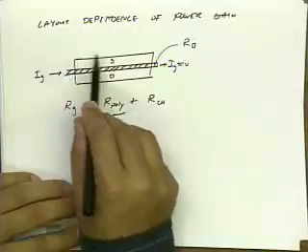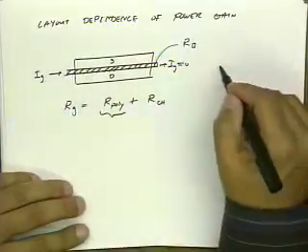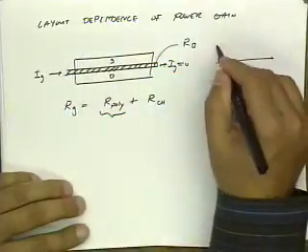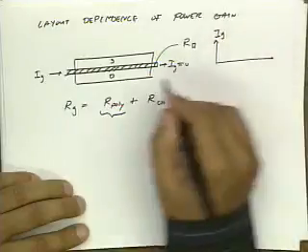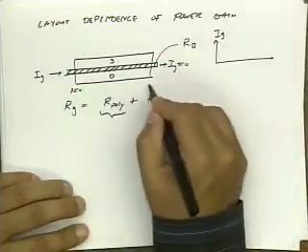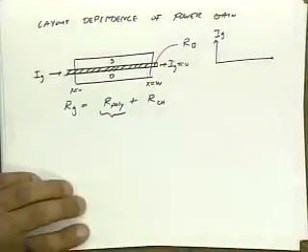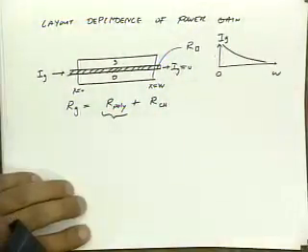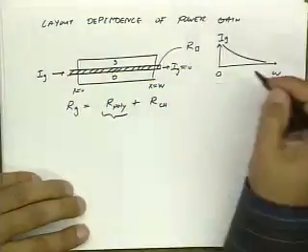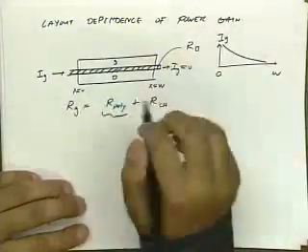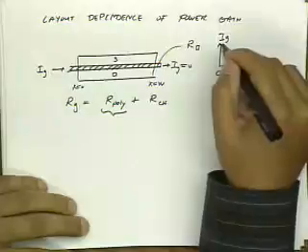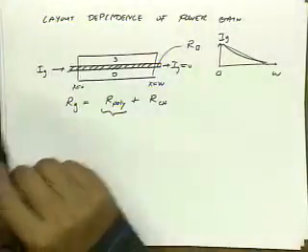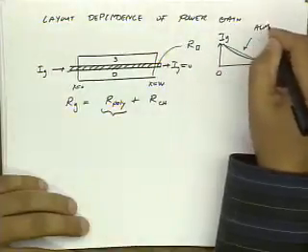So if I were to look at the current profile across this device, if I were to plot I gate from, let's say, x equals 0 to x equals W, then I would expect to see some profile like that. In fact, if this is a high quality circuit, it looks very linear. So we can say that it's almost linear.